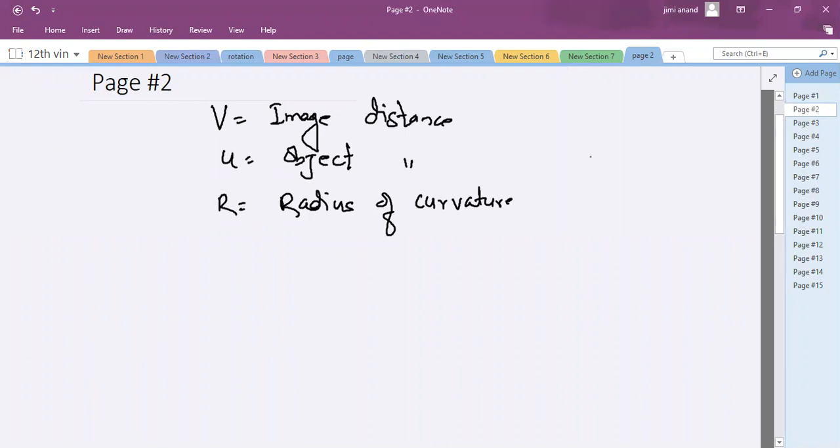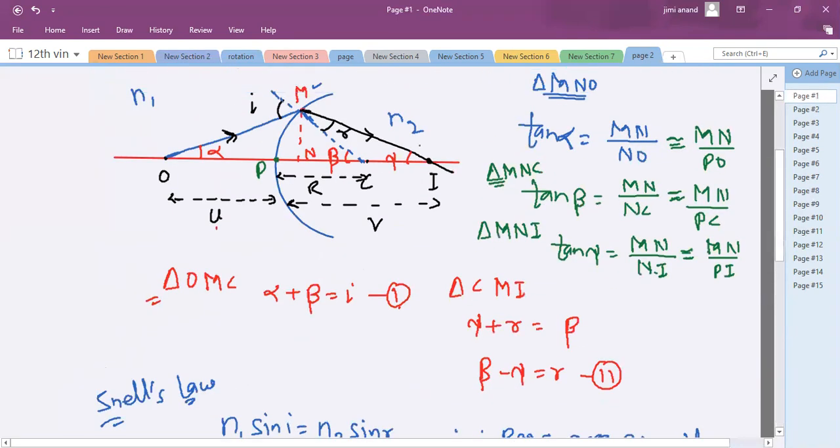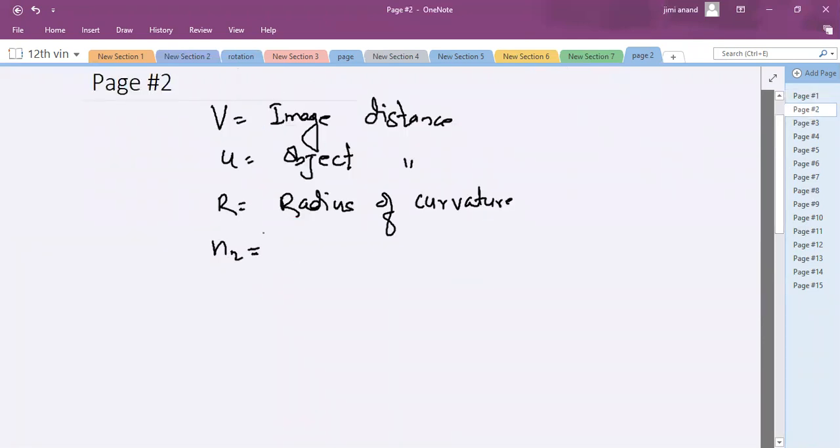One thing we can write here, N2. Don't mug up this formula like N2 is the refractive index of image medium. No, not like this. I have a trick to remember N2.